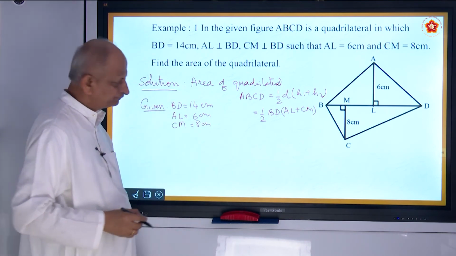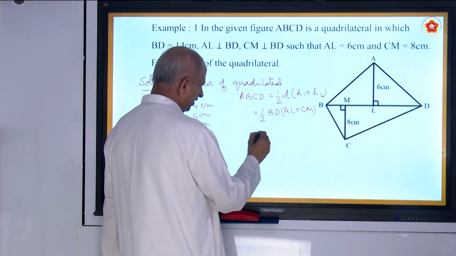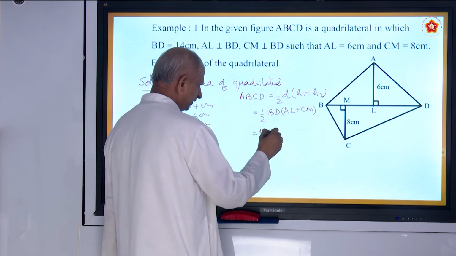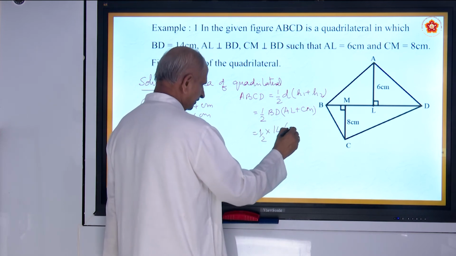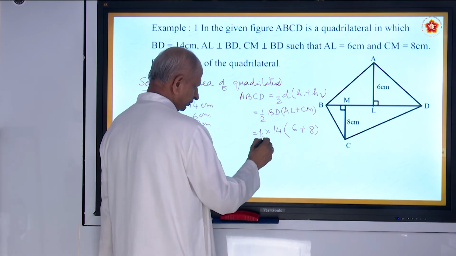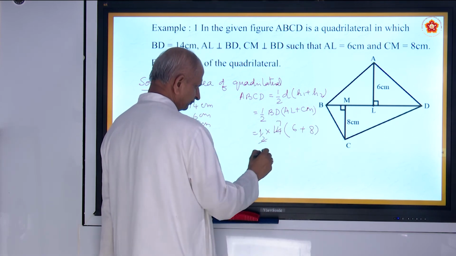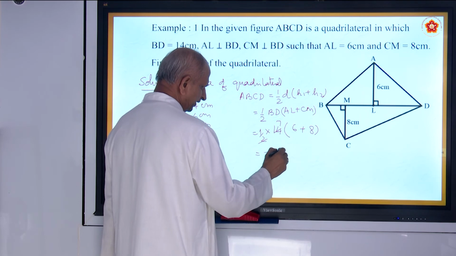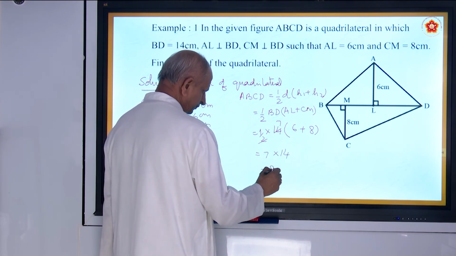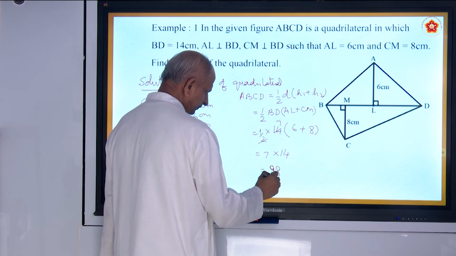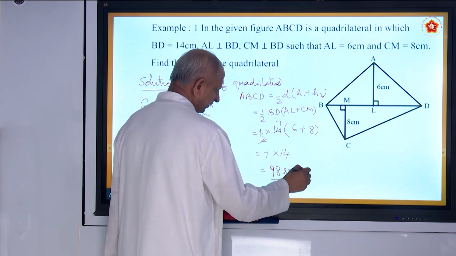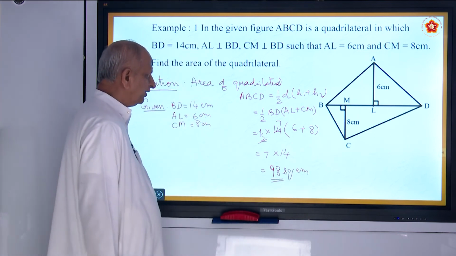Substitute it here. So half of BD 14, AL 6, CM 8. 2 ones are 2, 7 twos are 14. 7 into 6 plus 8, 14, 98. So much of square centimeters, square units.